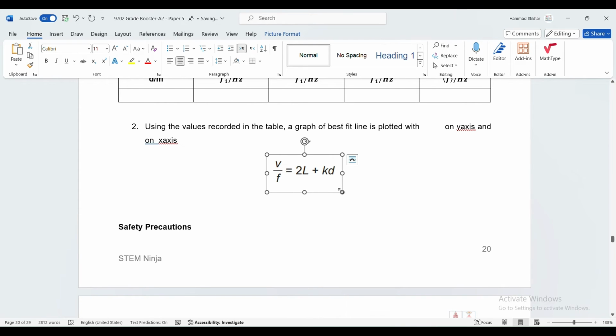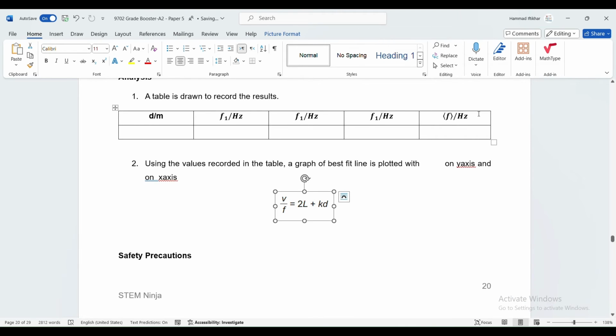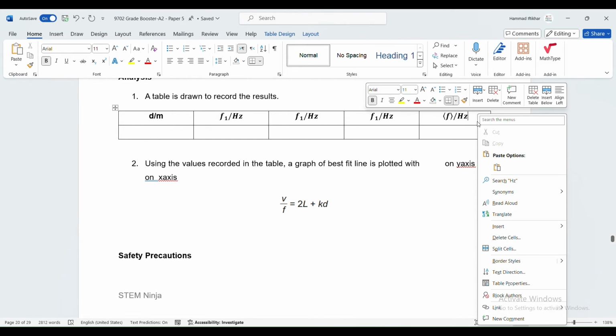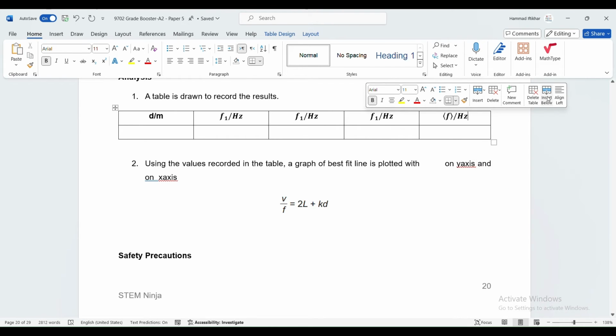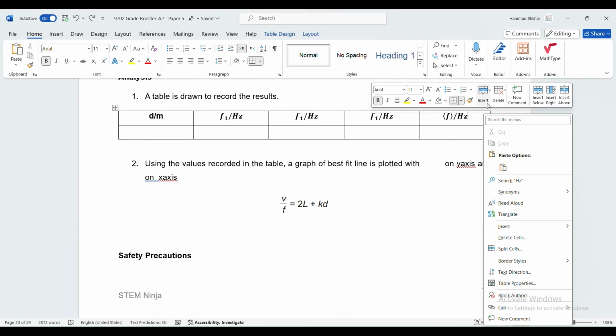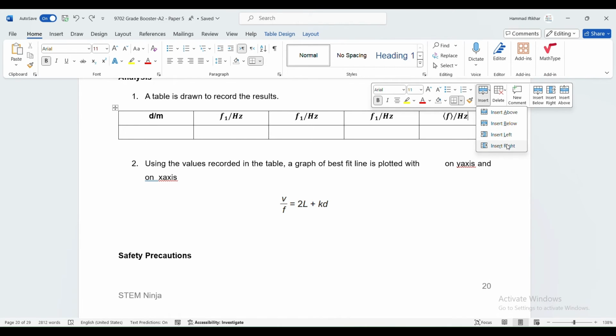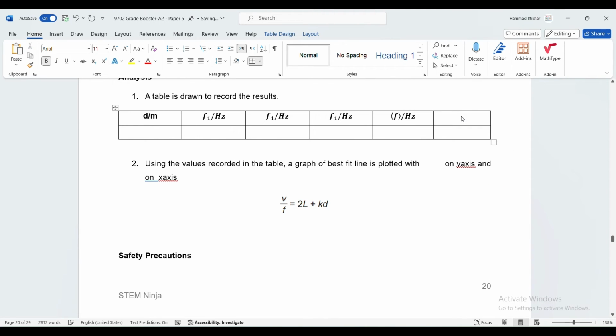Okay. So frequency was our, oh sorry, what else we can do? Since we have the frequency, we can insert another column to the right, which can record the reciprocal of frequency.